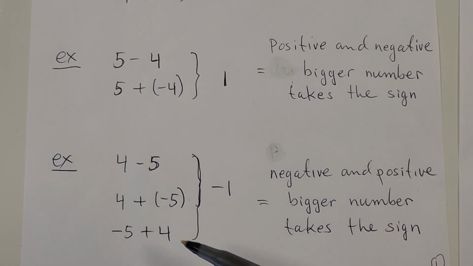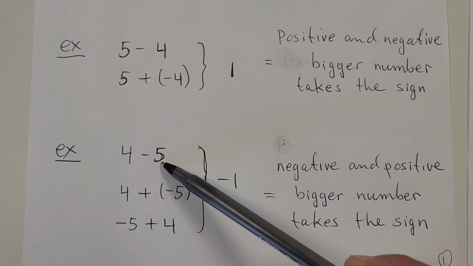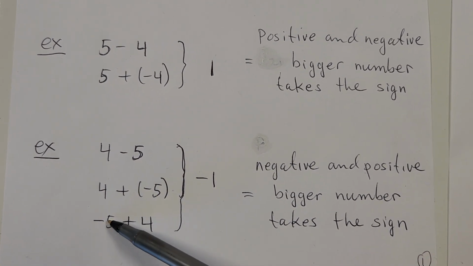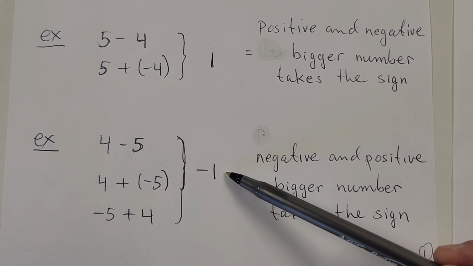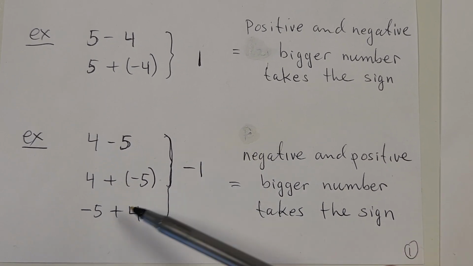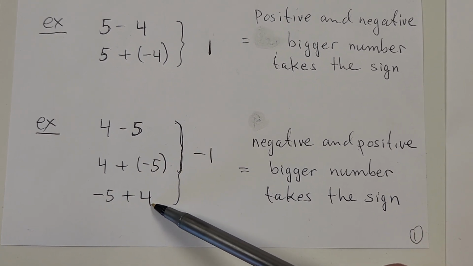And vice versa. When it is written like this, 4 minus 5, or 4 plus negative 5, or negative 5 plus 4, it will give me negative 1. Again, the bigger number will take the sign. Just as I have here, negative 5 plus 4.